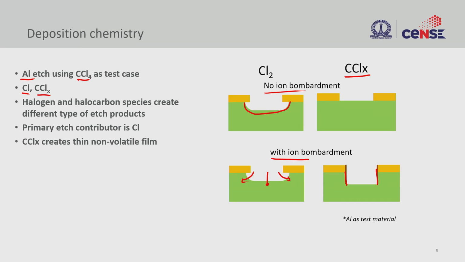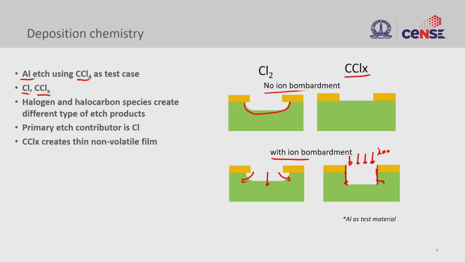That directionality comes from the directionality of the ions that we are shooting. So if you shoot the ions at a different angle, you will also see an angled edge, but in this case we are shooting in a directional fashion.